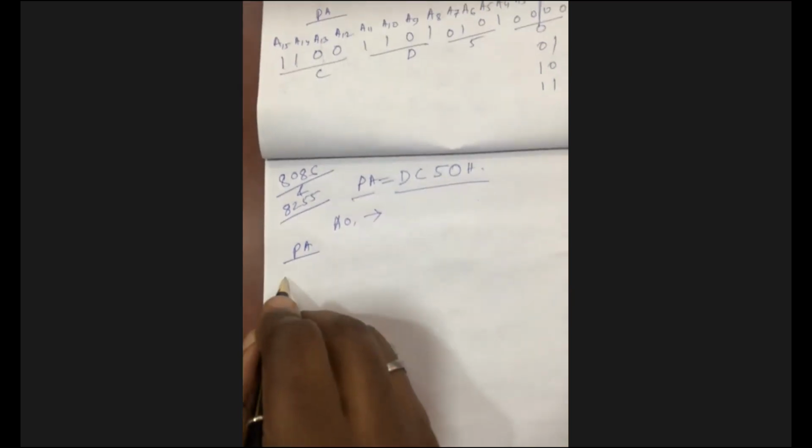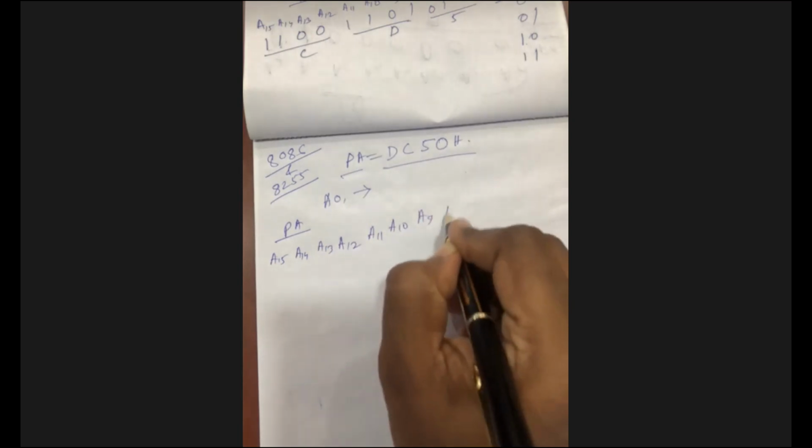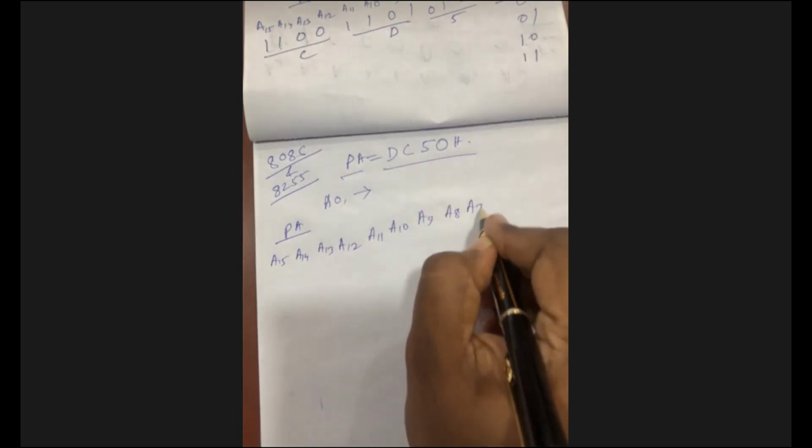So first, the address of port A, whatever the address from A15, A14, A13, A12, A11, A10, A9, 8, 7, 6, 5, 4, 3, 2, 1, 0.